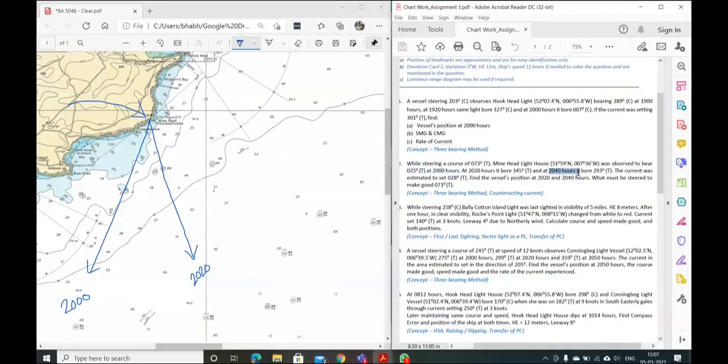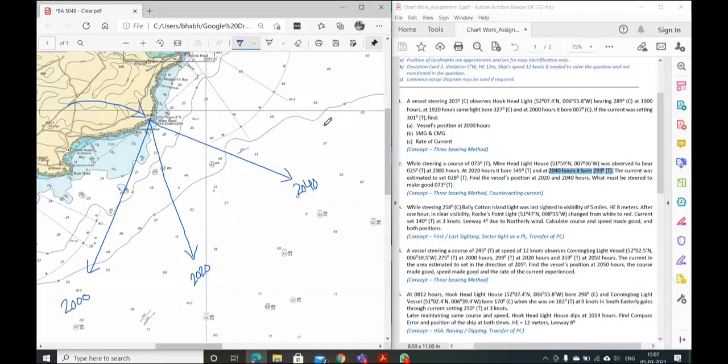And at 2040, it bore 293. So this is the third PL which is given to us, and this is for 2040. The vessel was steering a course of 073.